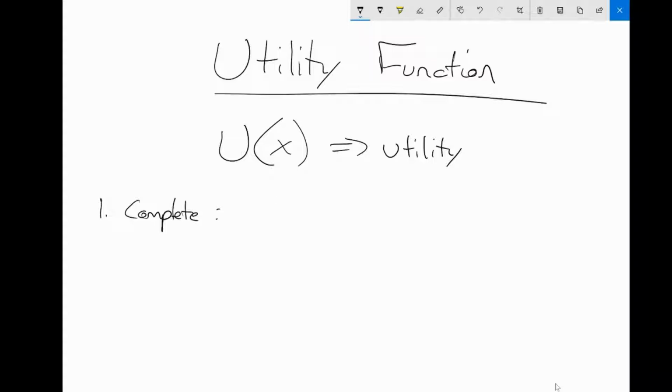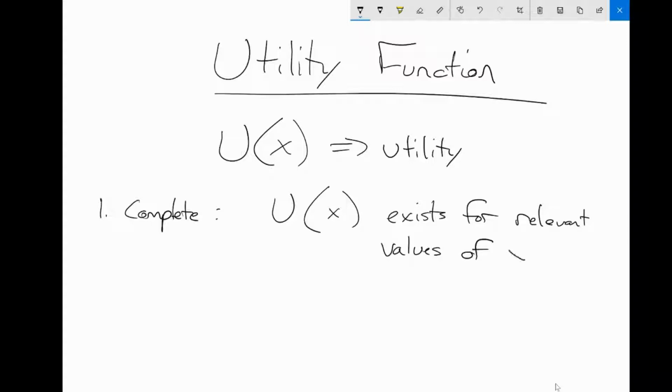All right, what does it mean to be complete? Well, that means that this utility function is defined. That means it exists for all the relevant values of x. All right, it's a function and it exists. Here, let me give you an example of a function that doesn't exist.